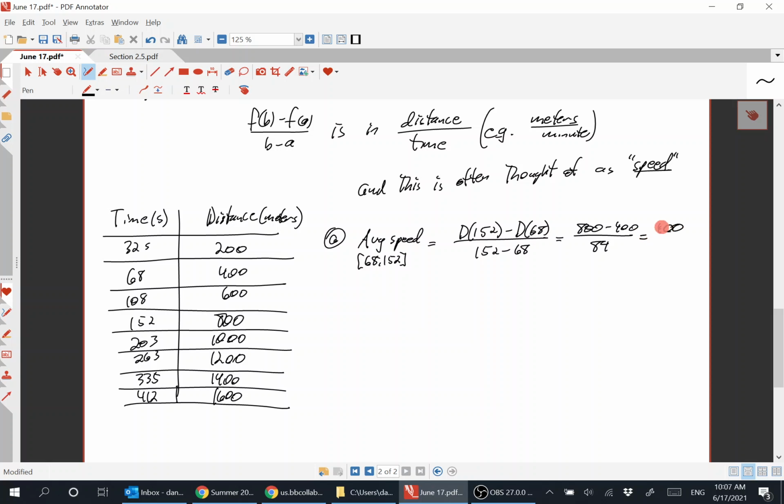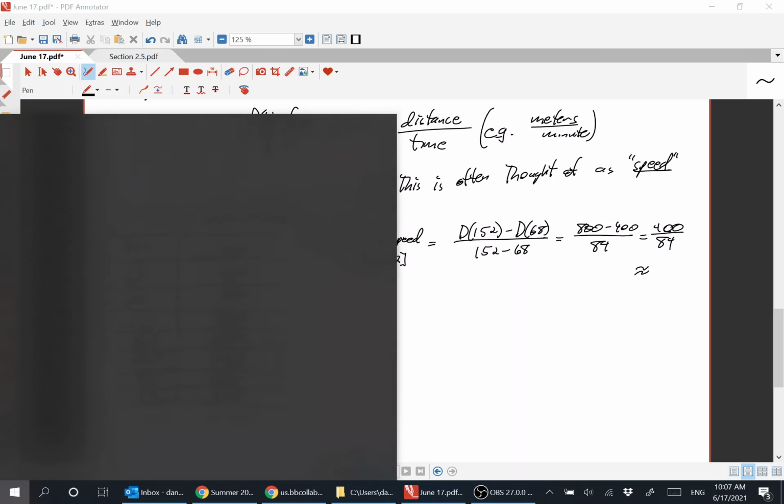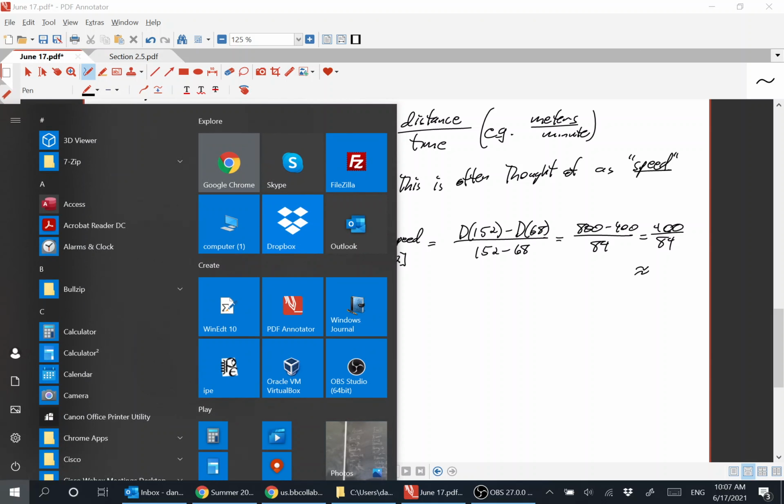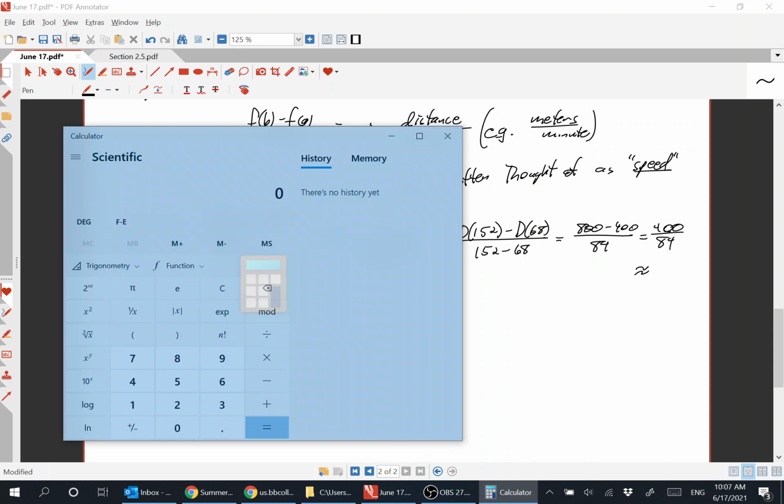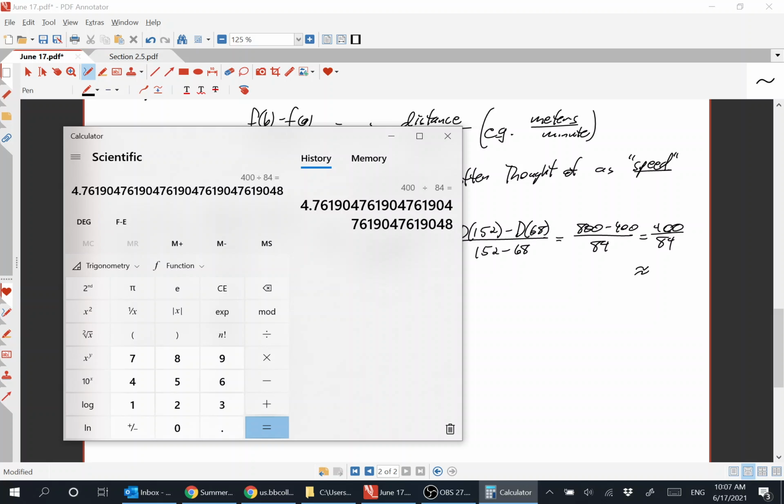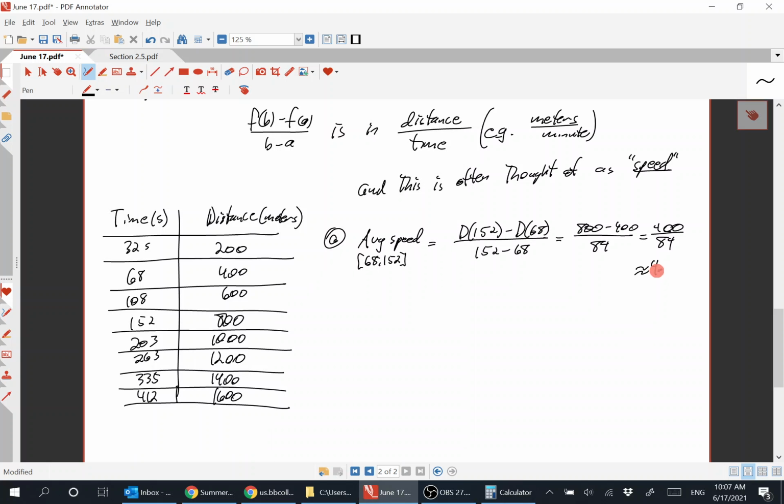So we have 400 over 84, which is approximately 4.76. The units here are meters per second.